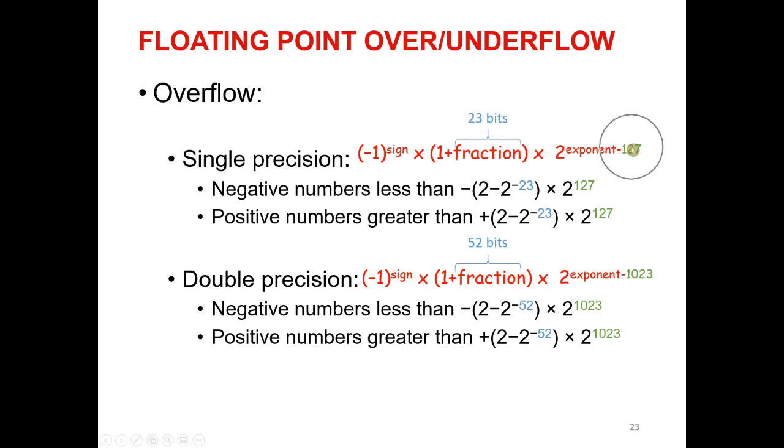And for the exponent, remember I have 8 bits, which means I was able to represent 127 positions. Similarly, we can do the same for double precision. In this case, we have 52 bits for the fraction, and for the exponent, I have 11 bits.